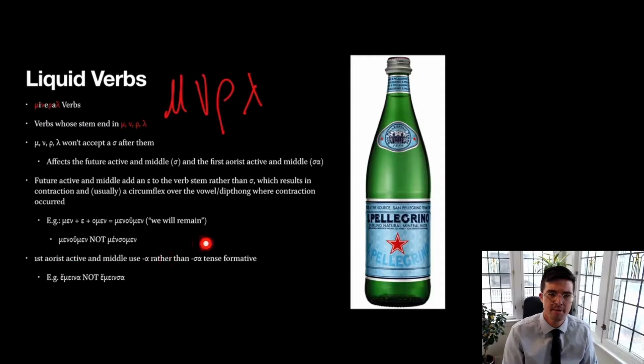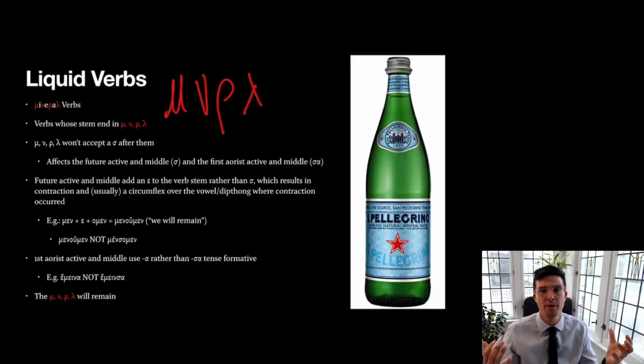And so the sigma of this tense formative drops out, and oftentimes before it you'll get some change or lengthening of the vowel. So this is from μένω, the epsilon has gone to the diphthong epsilon iota because of the change to the ending of the sigma not being there.